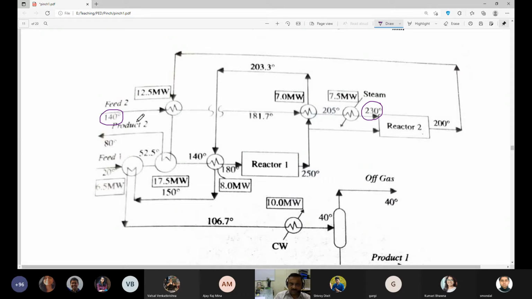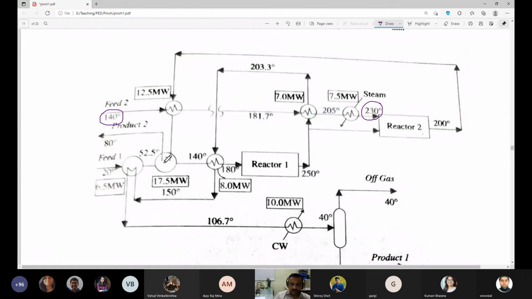You can see that I already have this stream available at 200 degrees, and I have to bring it down to 80 degrees. So this 200 degree stream is used here to deliver 12.5 megawatts of heat.